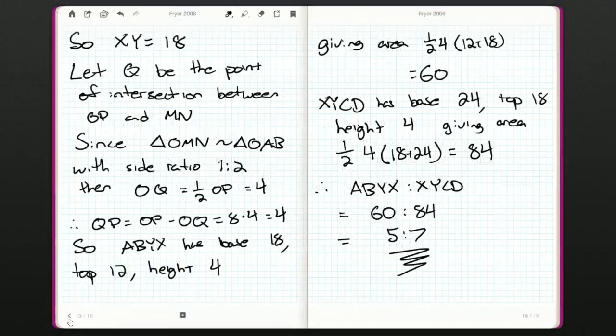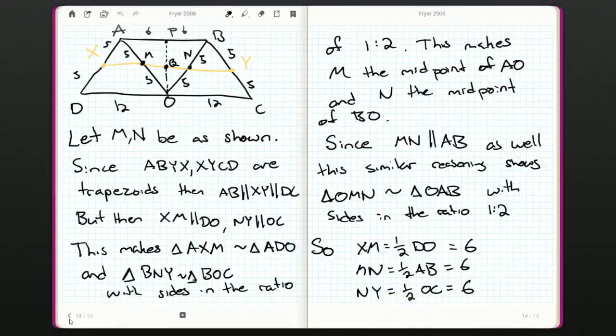Alright, so let's take a look at how exactly we did that part of the question. So we used the fact that they're trapezoids to show that XM, NY, and eventually MN are parallel to AB and DO, OC, and DC itself. And that allowed us to realize that M and N are going to be midpoints, Q is going to be a midpoint of OP.